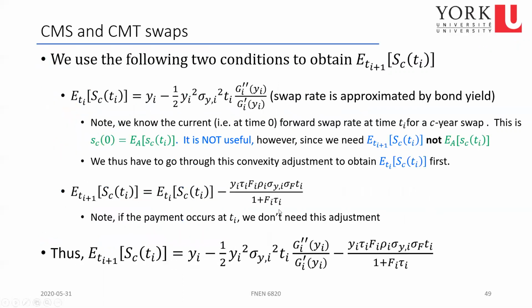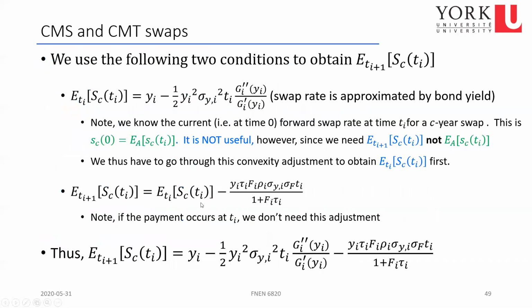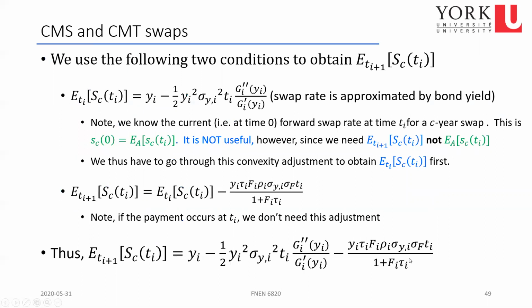So you need sigma yi in the second adjustment here, and sigma f is here, right?